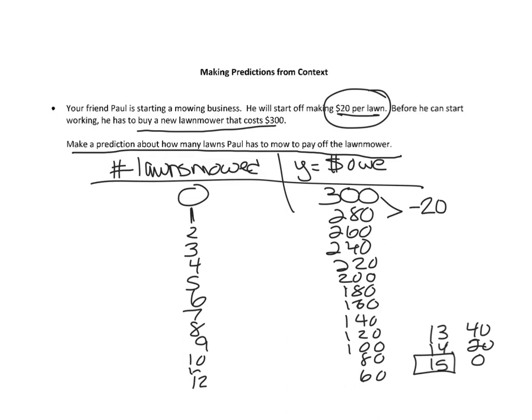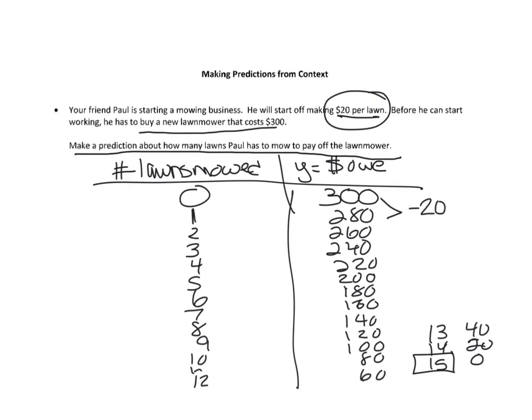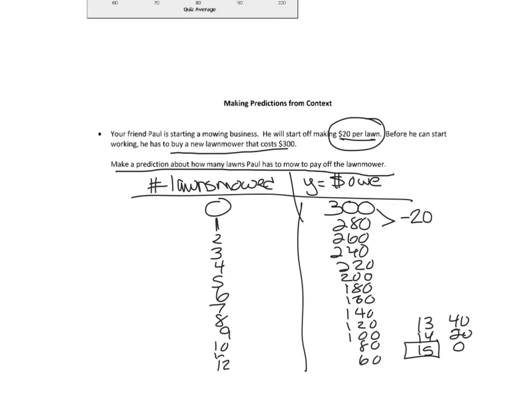Okay? Now, I do want to say, even though our objective is making prediction using the tables here, and we did that, we made out this big table, there's a couple other ways you could do this. Do you remember when we did our arithmetic sequence? Your formula is d times n minus 1 plus a.